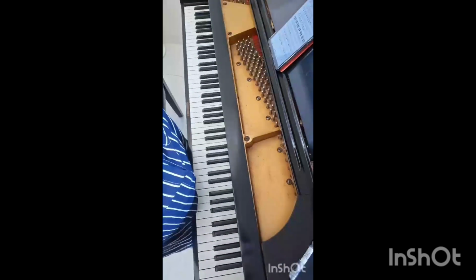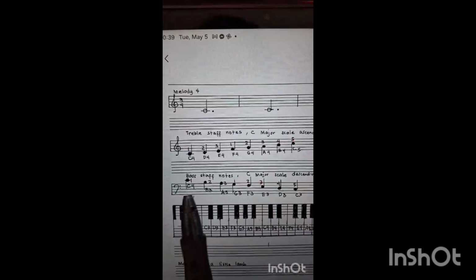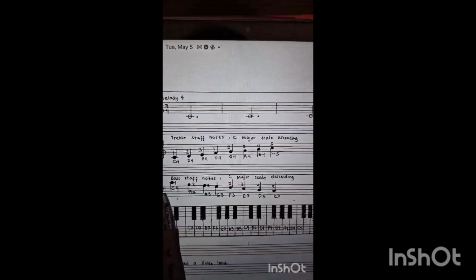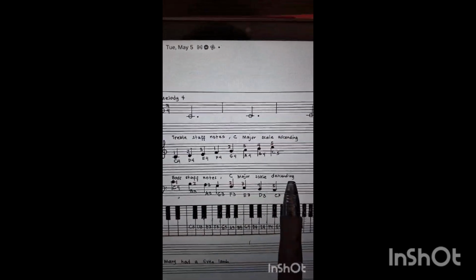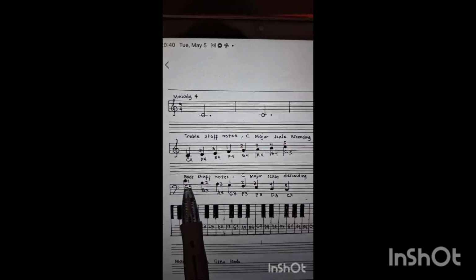So let's learn how to read notes on the bass staff. I arrange the C major scale for the bass staff descending instead of ascending because it's easier to read notes.